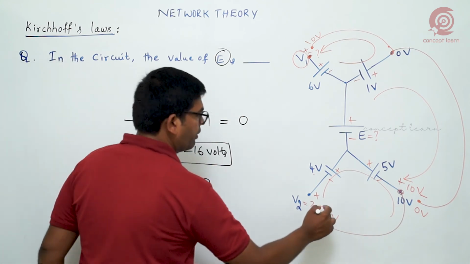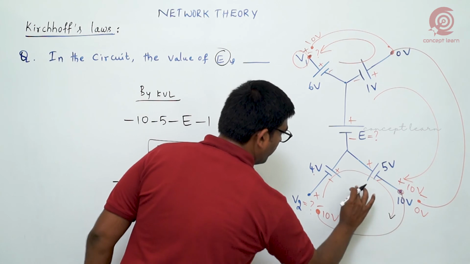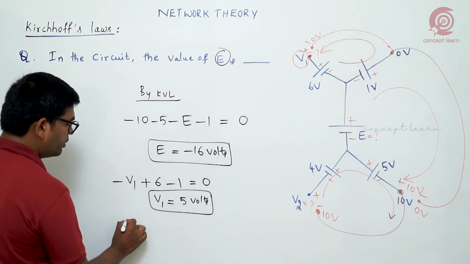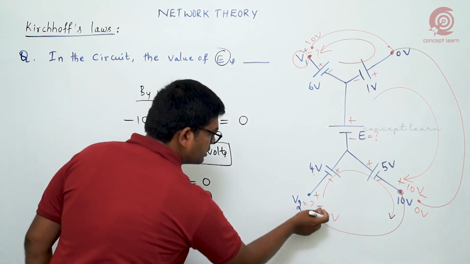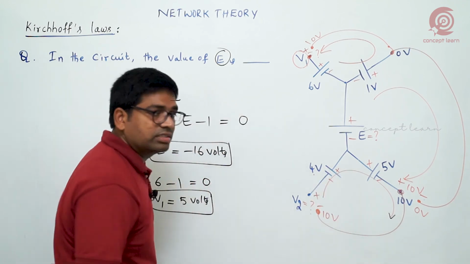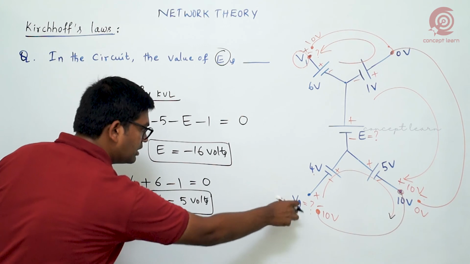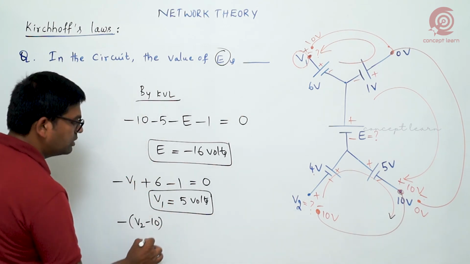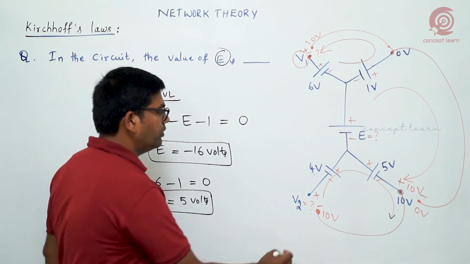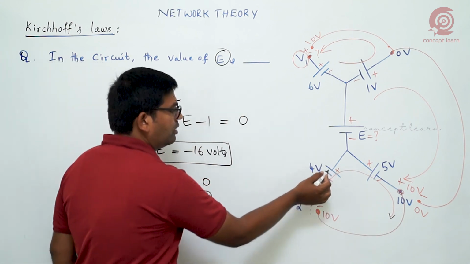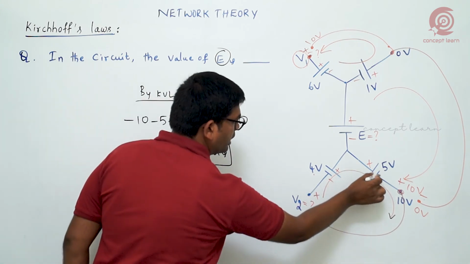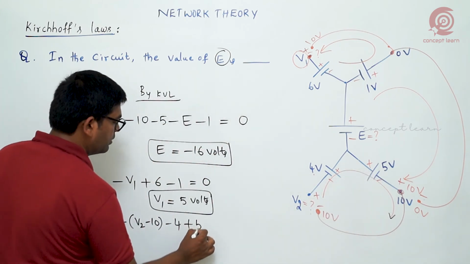So if I am following this direction, current is entering into the negative terminal, so a minus sign comes because I chose this direction. Minus of what is the difference here? The difference is V2 minus 10. This is the voltage. Now if you follow this, the minus sign is there, so minus 4 we will get. Next again the plus sign is there, so plus 5 we will get.